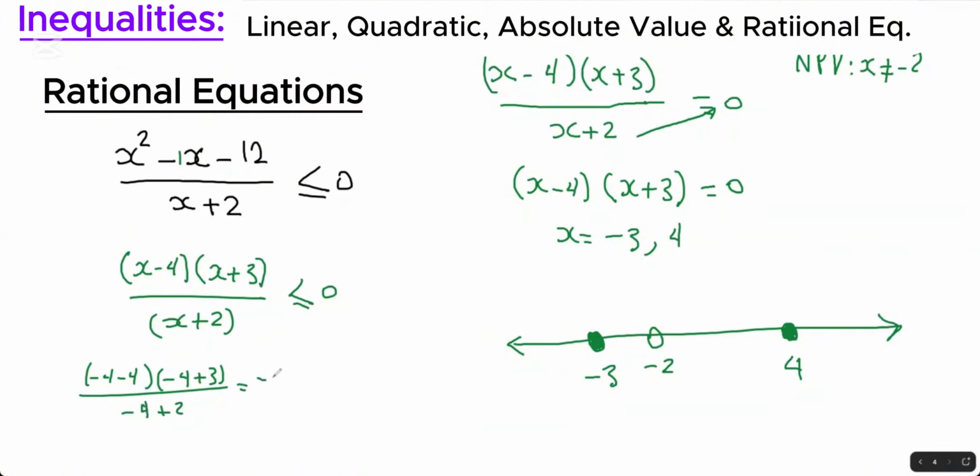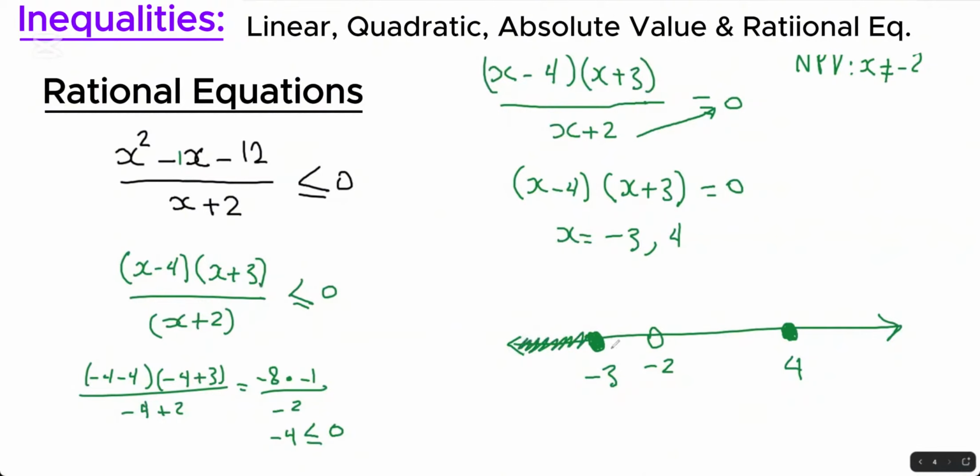As you see, that's going to be -8 times -1 over -2. -8 times -1 is 8, divided by -2 is -4. Is that less than or equal to 0? Definitely, it is. That's a true statement, so I'm going to shade in here.